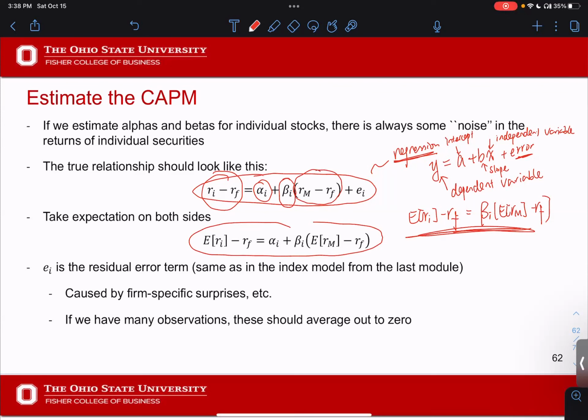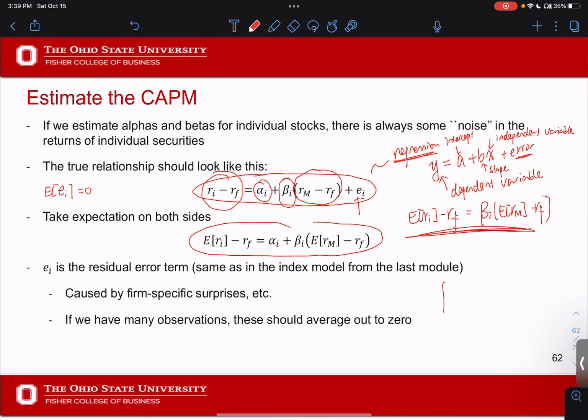X, the independent variable, is the market risk premium, or market excess return. And we still have an error term here. Usually in regression, we assume the expectation of the error term equals 0.